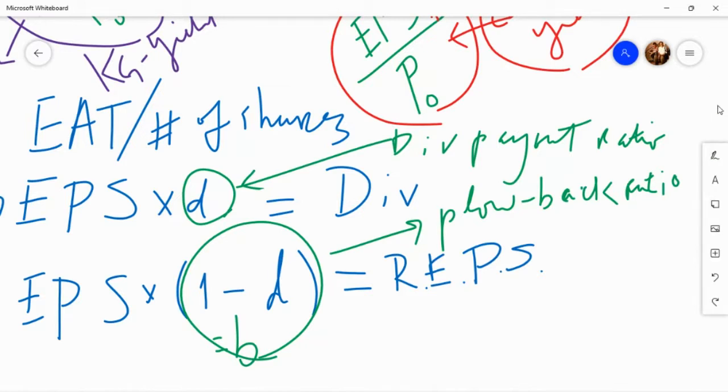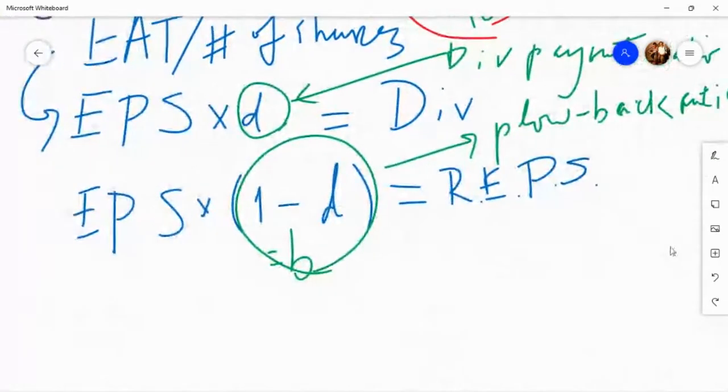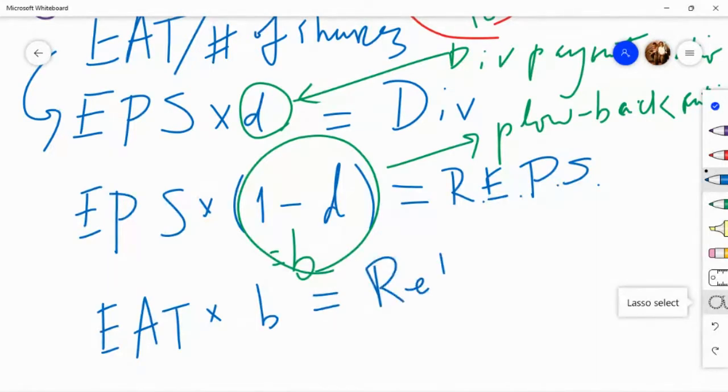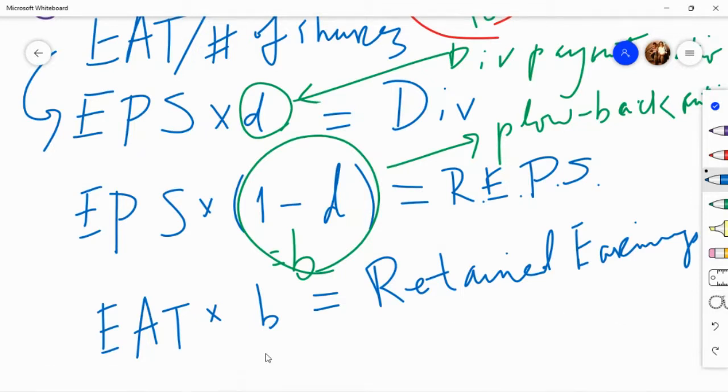And that automatically means that EAT times B, or 1 minus D, is retained earnings. Now, here's an interesting thing.